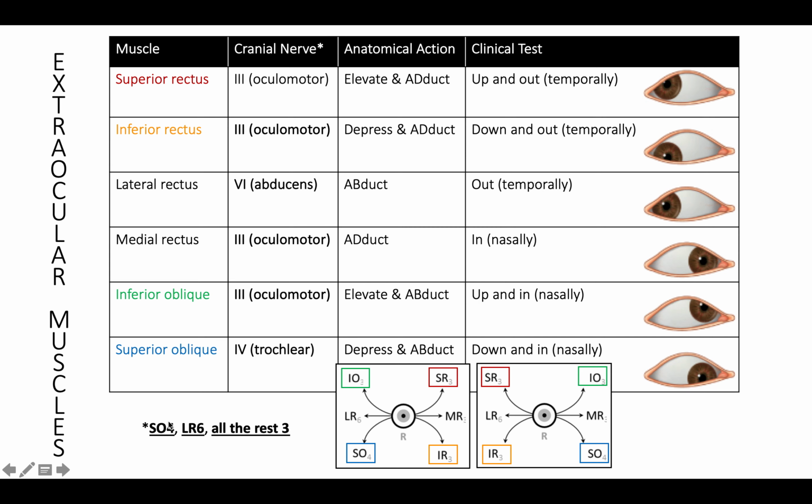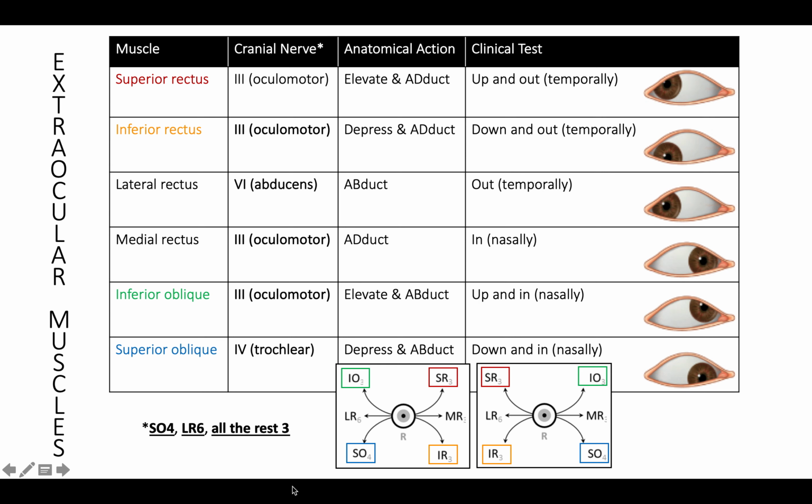But SO4, LR6, all the rest 3. So basically, lateral rectus is 6. Superior oblique is cranial nerve 4. Everything else is cranial nerve 3, so oculomotor.